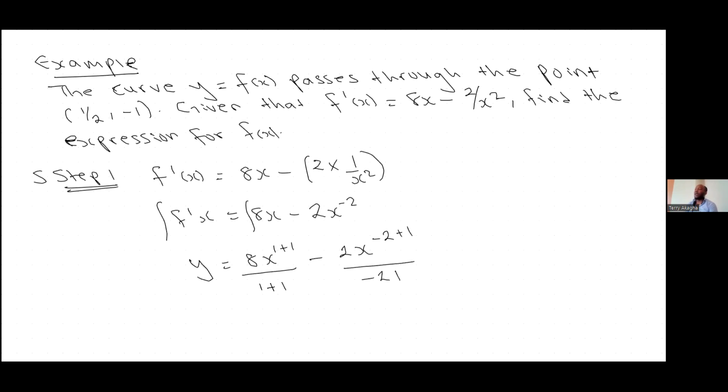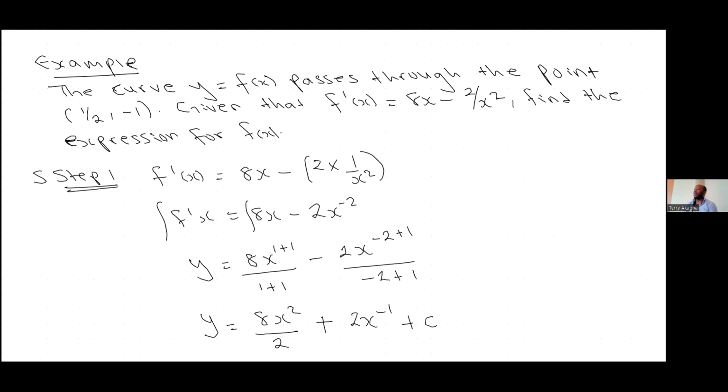All right? And this is going to give us y will be equal to 8x squared over 2 minus, so minus 2 plus 1 will give you minus 1. Minus divided by minus will give you plus. Will give you 2x minus 1, then plus c, okay?